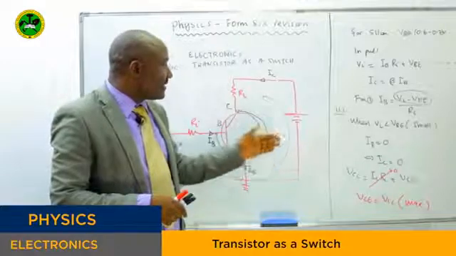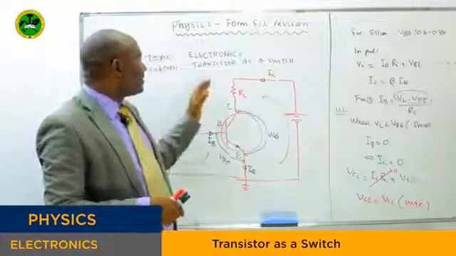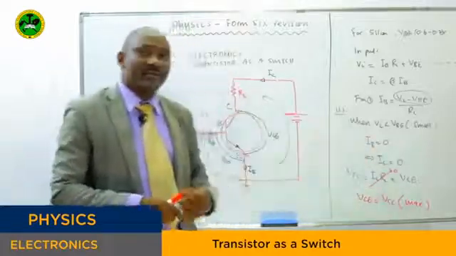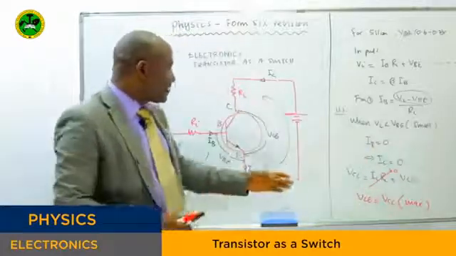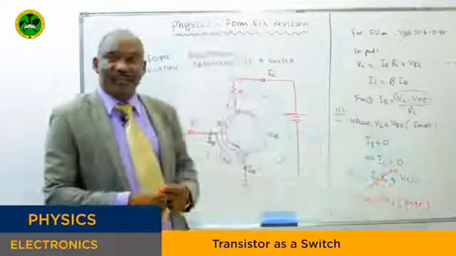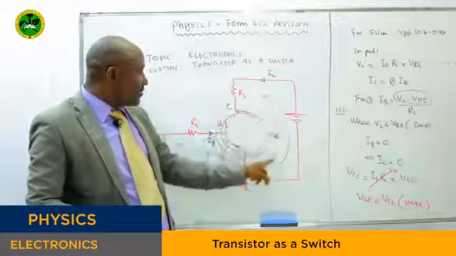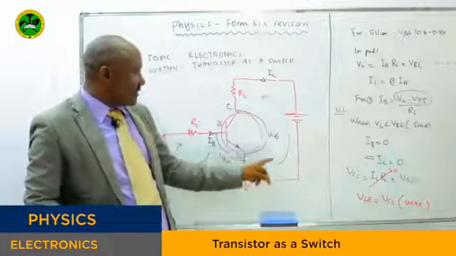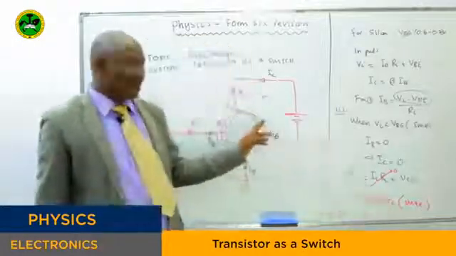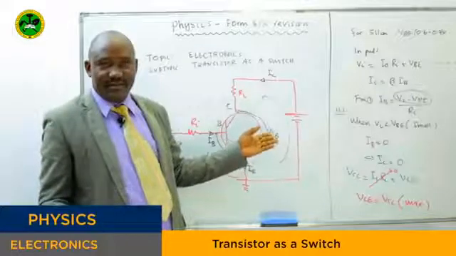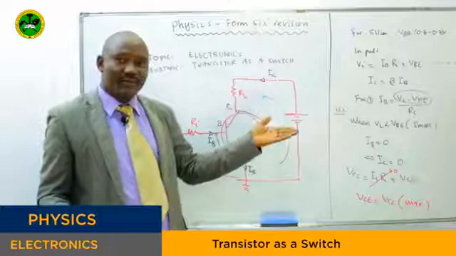Remember we had two types of states: saturation and cutoff. So this is the condition of the cutoff state. Cutoff means the transistor is behaving as an open switch, such that most of the voltage will be dropping across the transistor. The transistor behaves as if it has very large resistance, and very large resistance means no current flows through it.